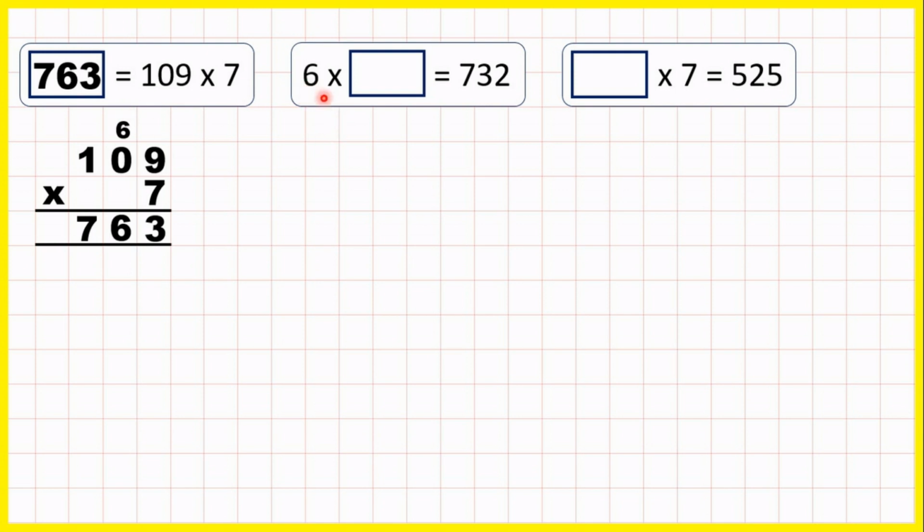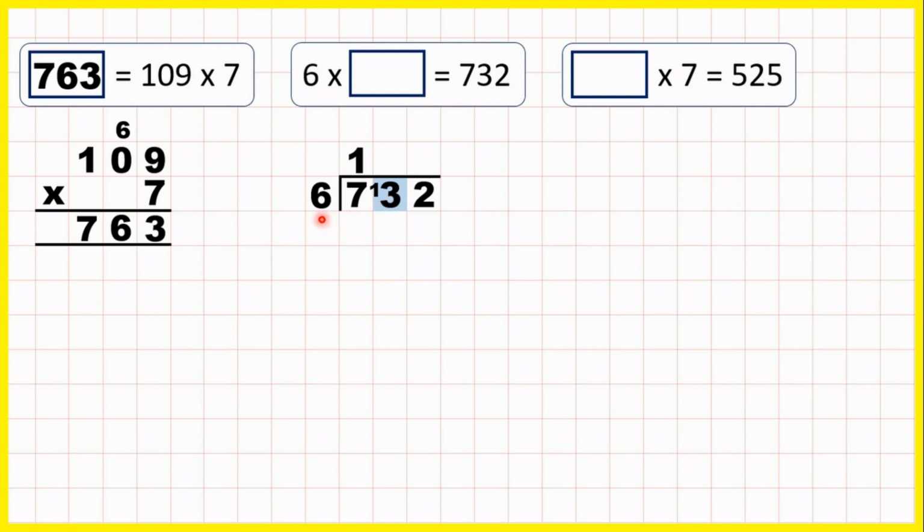Now we have 6 times something equals 732. So one of the numbers in our multiplication question is missing. And when this happens, we need to use the inverse operation, so we need to use division to find the missing number. Using short division, 7 divided by 6 is 1 remainder 1, because 1 times 6 is 6, then we need one more to get to 7.